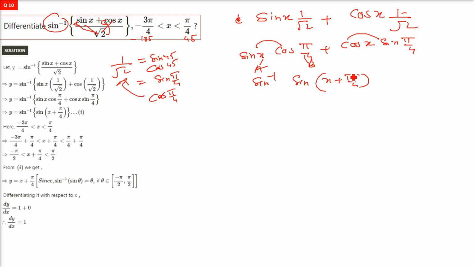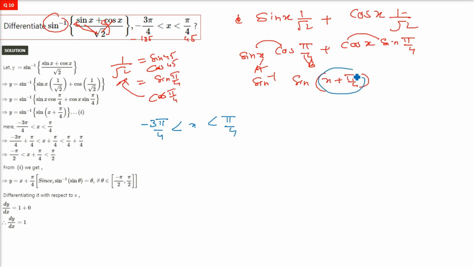Sin inverse of sin of x plus pi by 4, and x plus pi by 4 again, since there is a limit being given, minus 3 pi by 4 and pi by 4, you have to show the examiner that when I am cancelling sin and sin inverse in this case, I am taking care of the limits. So negative 3 pi by 4 and pi by 4, x is between these two.